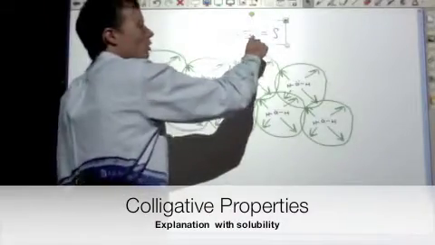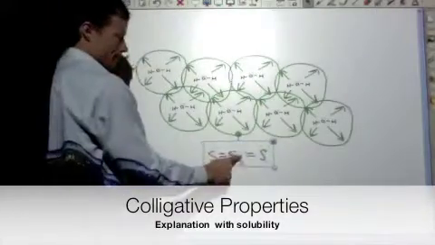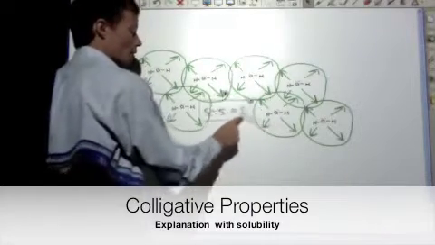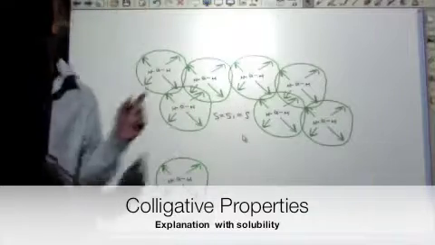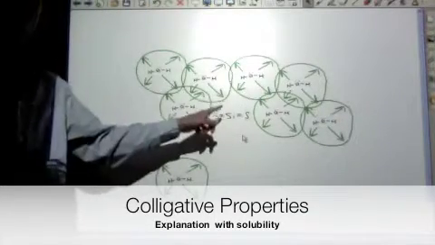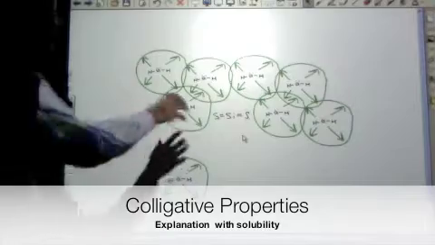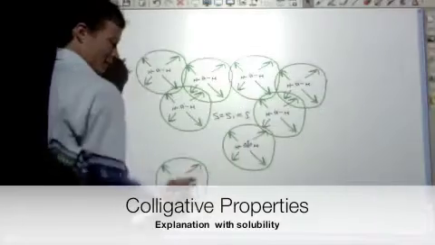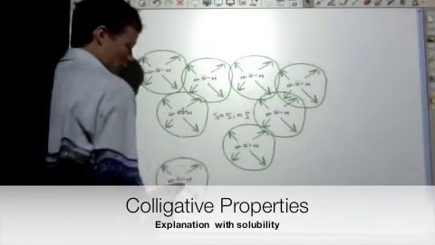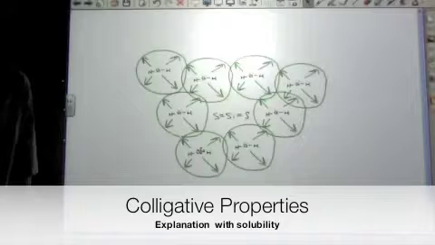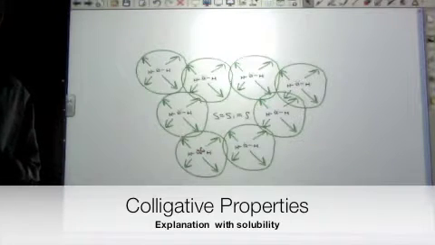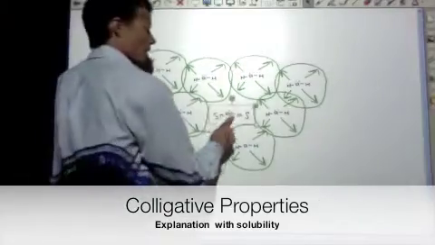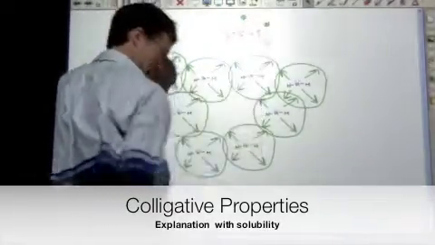So if I stick that into the solution, the problem is it is not able to make a dipole bond, so it is not able to bond with the water. It is not a part of the solution, but it is going to be in the solution, kind of surrounded by the other water molecules. It's not really dissolving. In fact, I would be able to see it because it's not dissolved. And that's based on its shape.